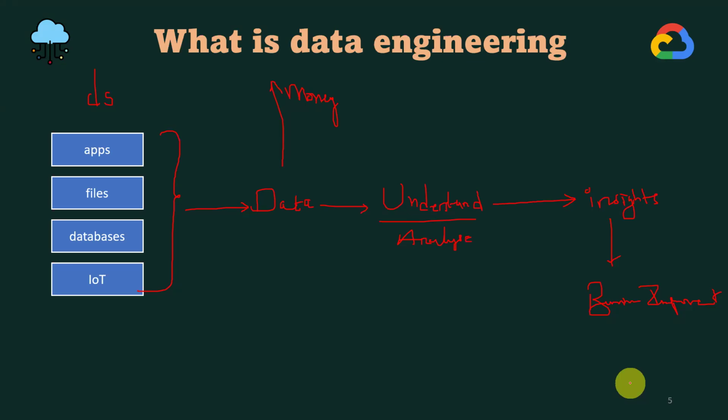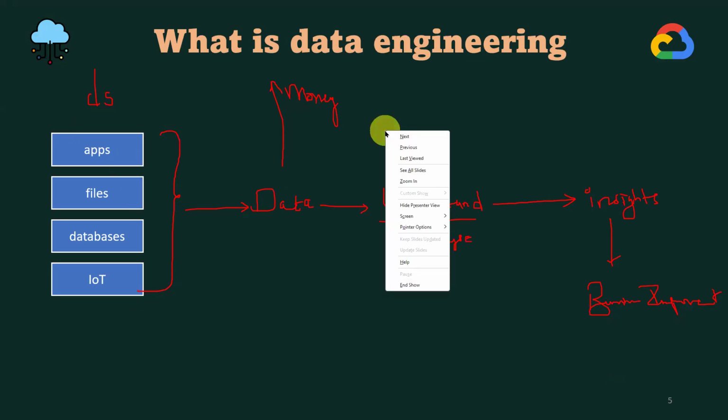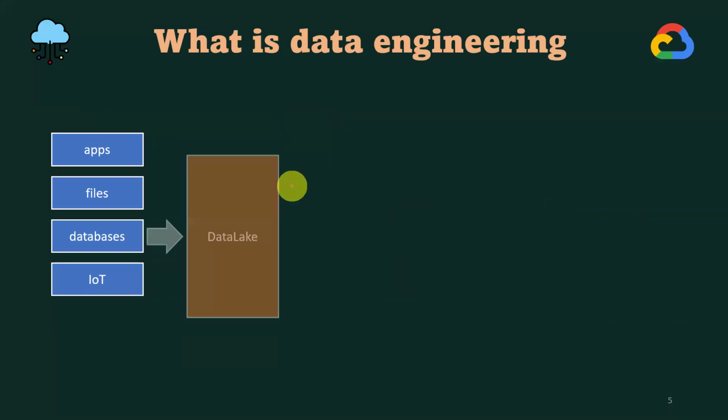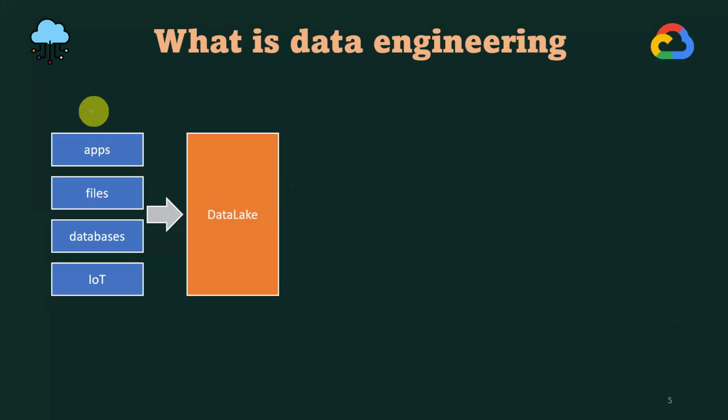So what is data engineering, sir? Data engineering is nothing but you have data coming from multiple data sources. We will see it in a professional manner for data engineering now. You extract the data and put it into the lake. This is where you store the entire data.